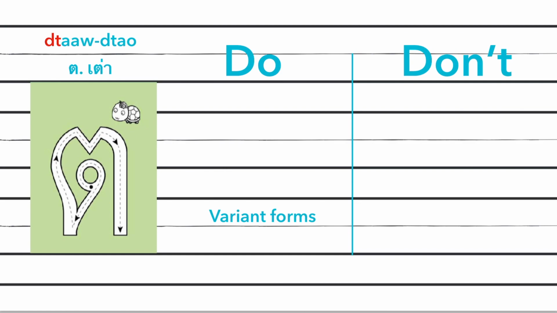ตอเต่า. ตอเต่า is similar to ดอเด็ก, but you have a broken head at the top. Start from a circle in the middle, down, up, to the right, make a one zigzag and down.